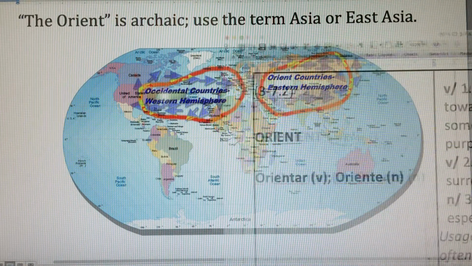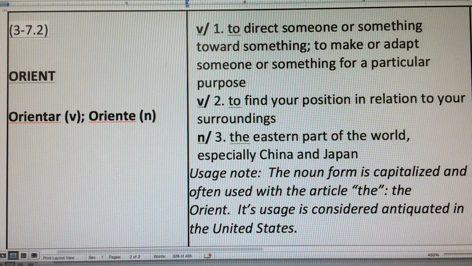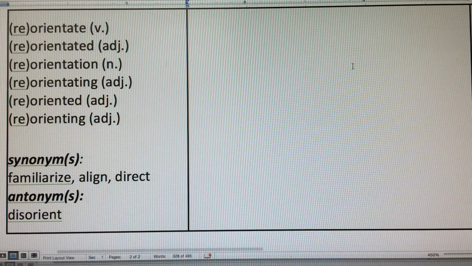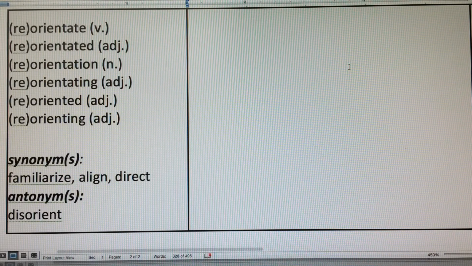All right, so that is your explanation for Orient. Let me go over the familial words because you have a lot of them. So the prefix re means again. The prefix can be used for any of them.